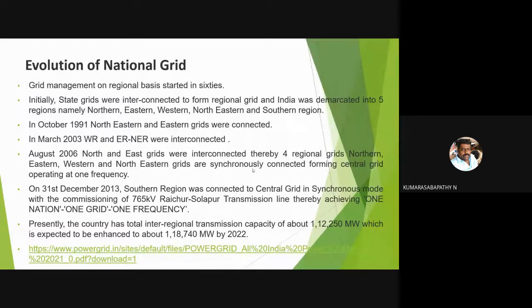All the divisions of state grids or region-wise grids come under one national grid. At present, our country has a total inter-regional transmission capacity of 112,250 megawatt, expected to be enhanced further to 118,740 megawatt by 2022.